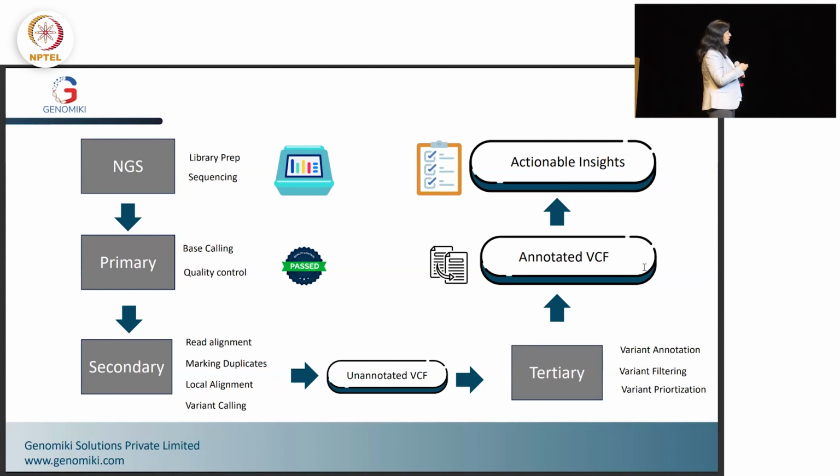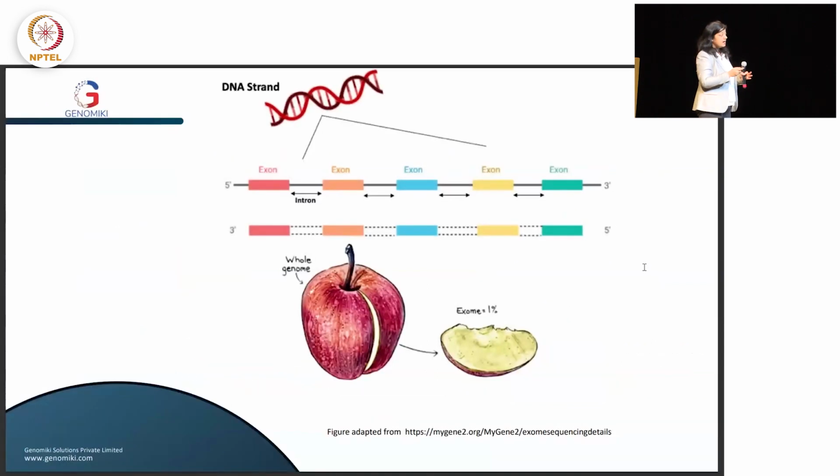So using all this information, we were looking for variants in, as I said, 3 billion base pairs. If I look at the size of the genome, it's 3 billion base pairs, which is exactly like the size of this apple that is shown in the picture.